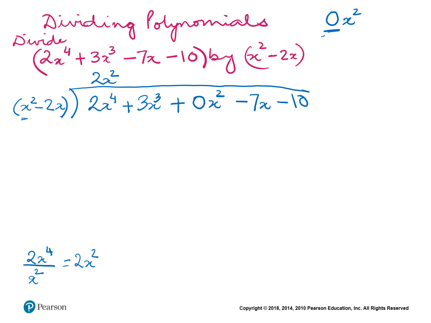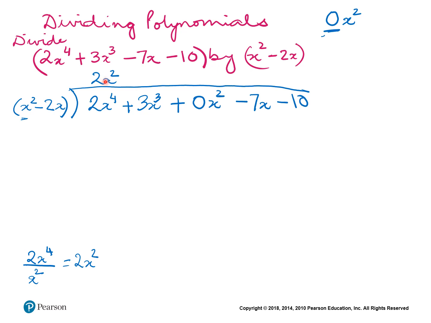So now that we got the quotient term, we have to multiply 2x squared with both the terms in the divisor. All right, so x squared as well as minus 2x have to be multiplied by 2x squared.